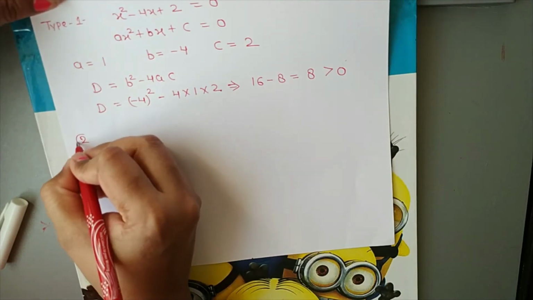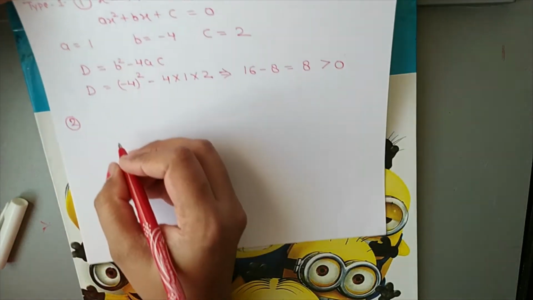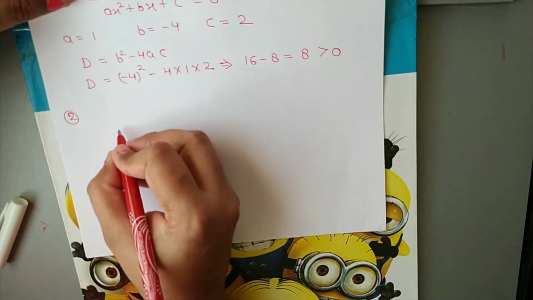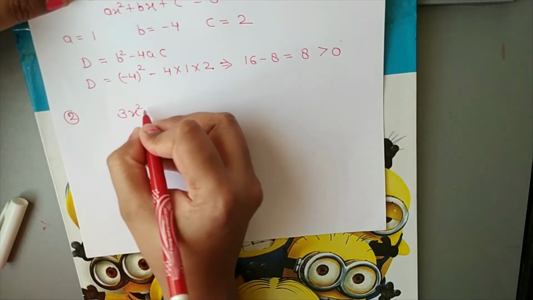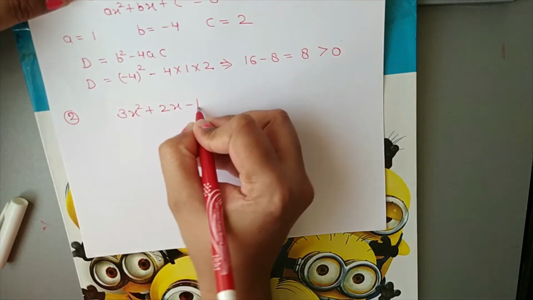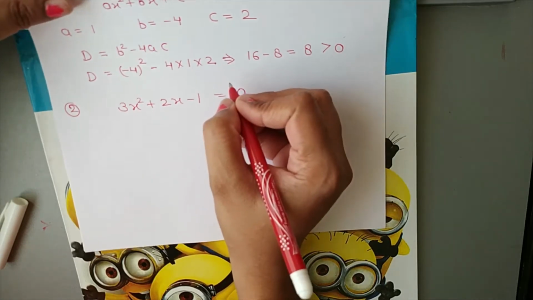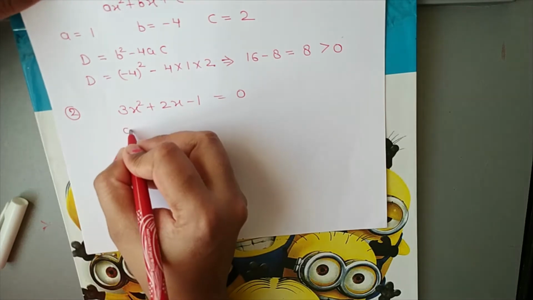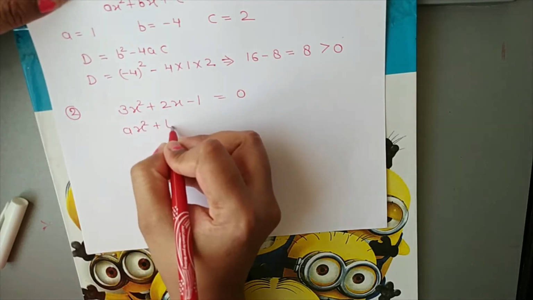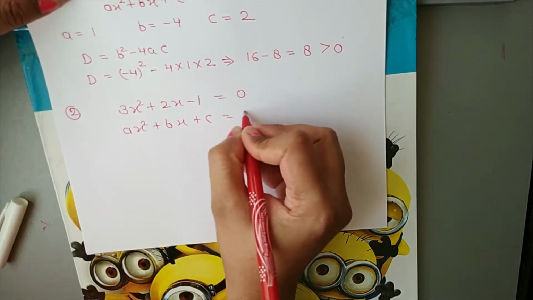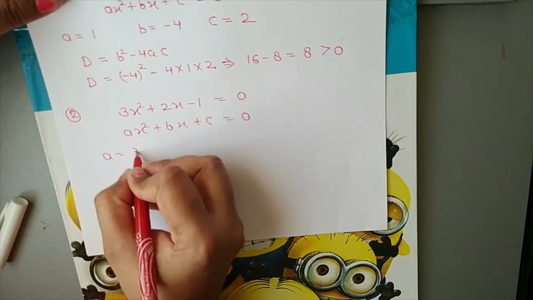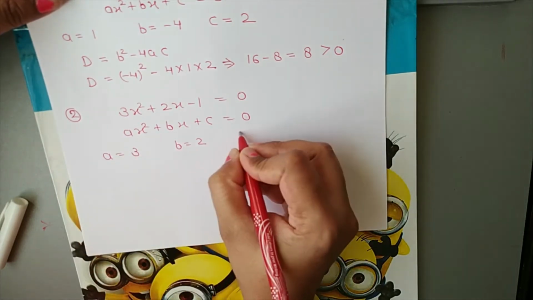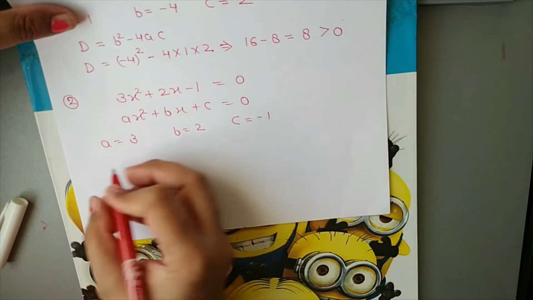Now second question. 3x square plus 2x minus 1 is equal to 0. We have to find the discriminant, that is D. First we compare with ax square plus bx plus c is equal to 0. So a is 3, b is 2 and c is equal to minus 1.